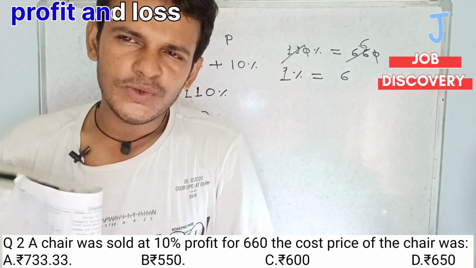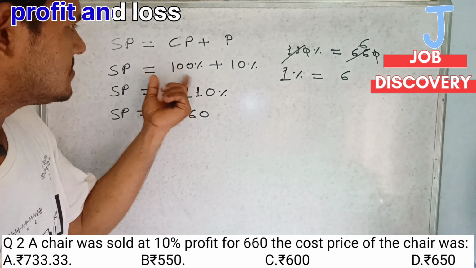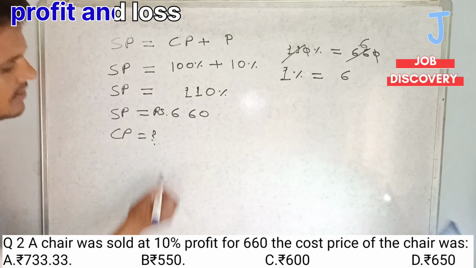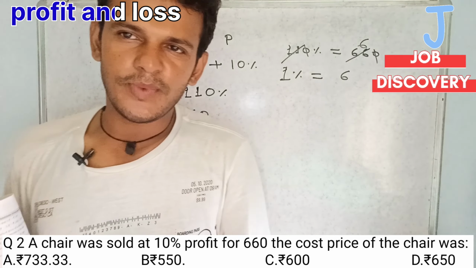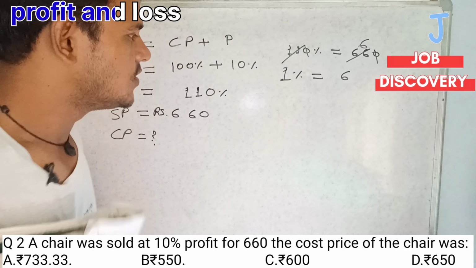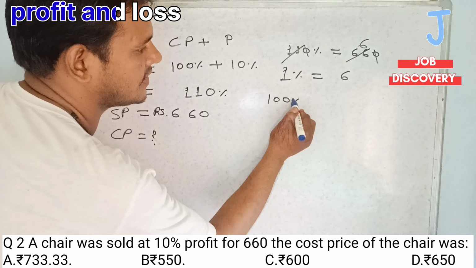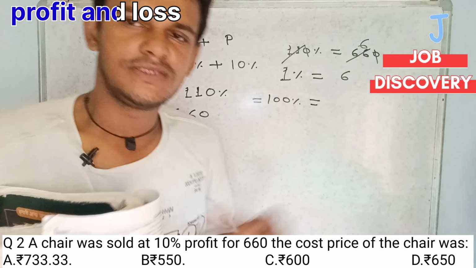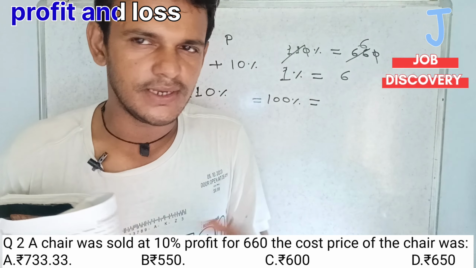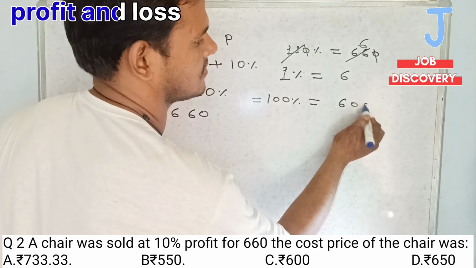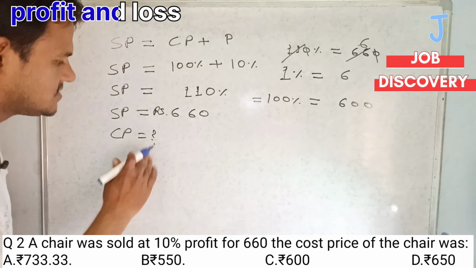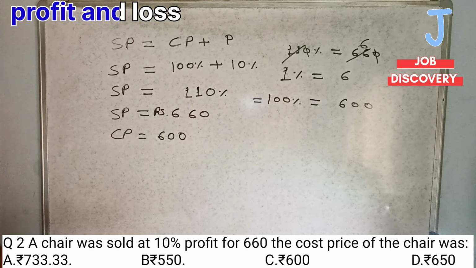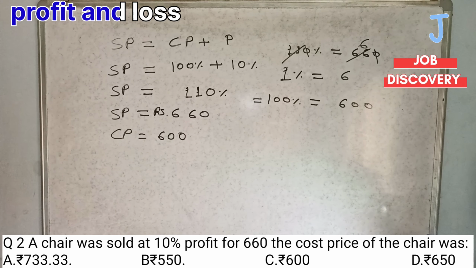We need to know what is the cost price. Cost price is 100%. So what is 100%? 1 into 100 will be 100%. Similarly, 6 into 100 will be 600. So the cost price is 600, right? Option C is the correct answer.